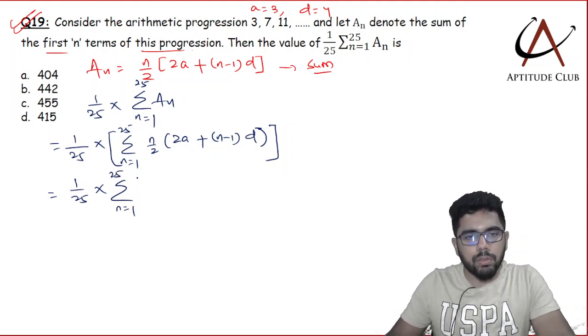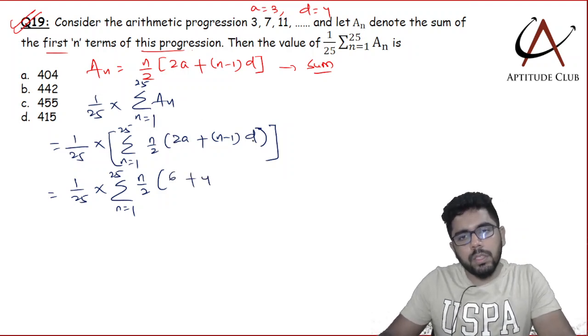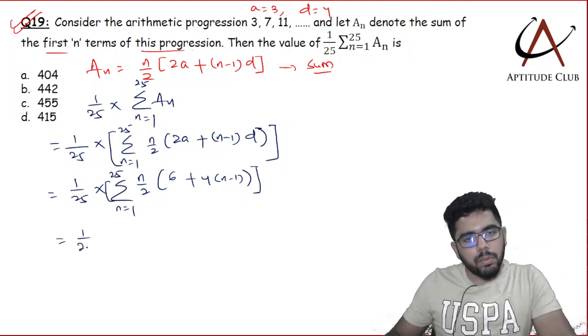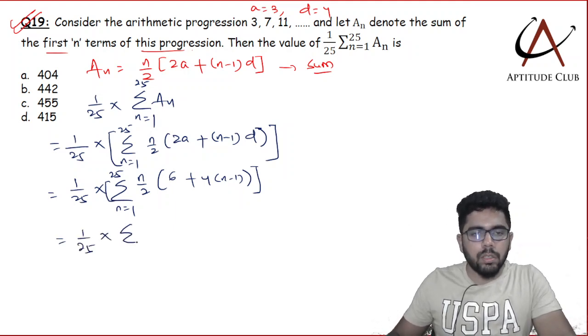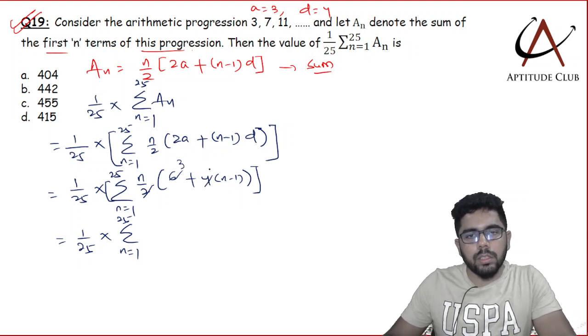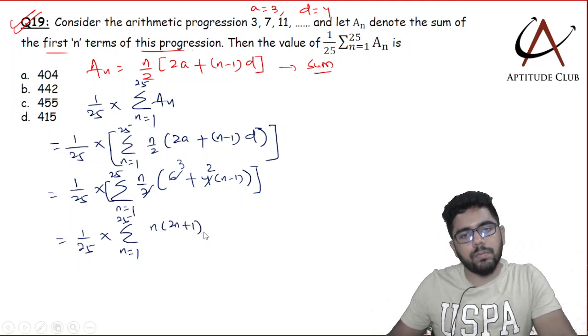Now just put the values. N by 2, 2 into a is 3, so 2 into 3 is 6 plus d is 4 times n minus 1. So you get 1 by 25 into summation of n equal to 1 till 25. So this is 3 and this is 2. I get n whole into 2n plus 1.